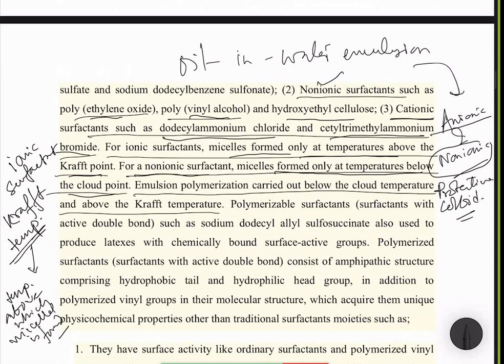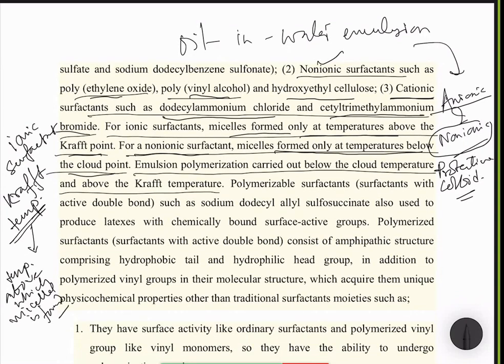Whereas non-ionic surfactants do not have a Kraft temperature, they have a cloud point. Cloud point means the temperature above which this non-ionic surfactant becomes insoluble in water and forms a cloud. That is why the temperature is called the cloud point.